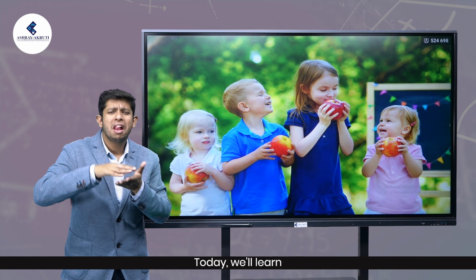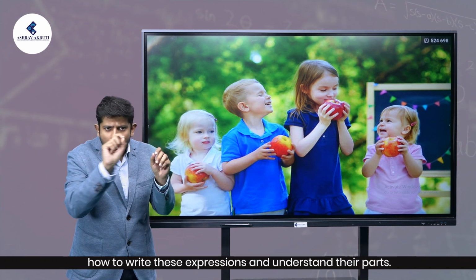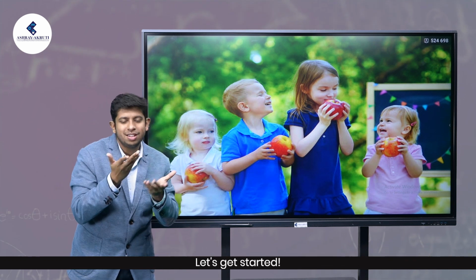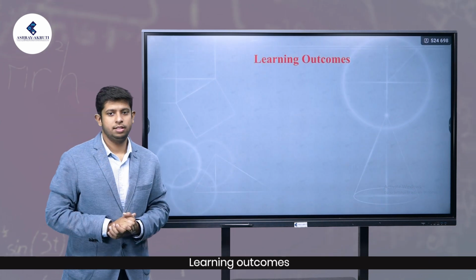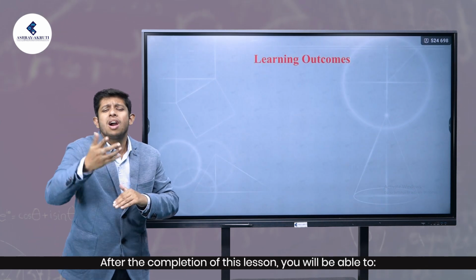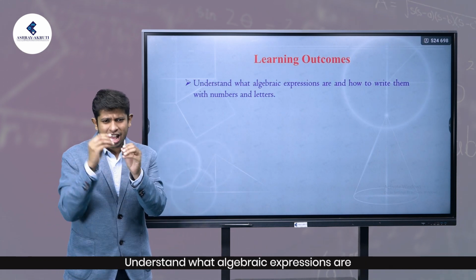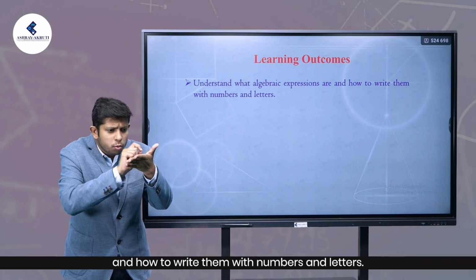Today, we'll learn how to write these expressions and understand their parts. Let's get started. Learning outcomes. After the completion of this lesson, you will be able to understand what algebraic expressions are and how to write them with numbers and letters.